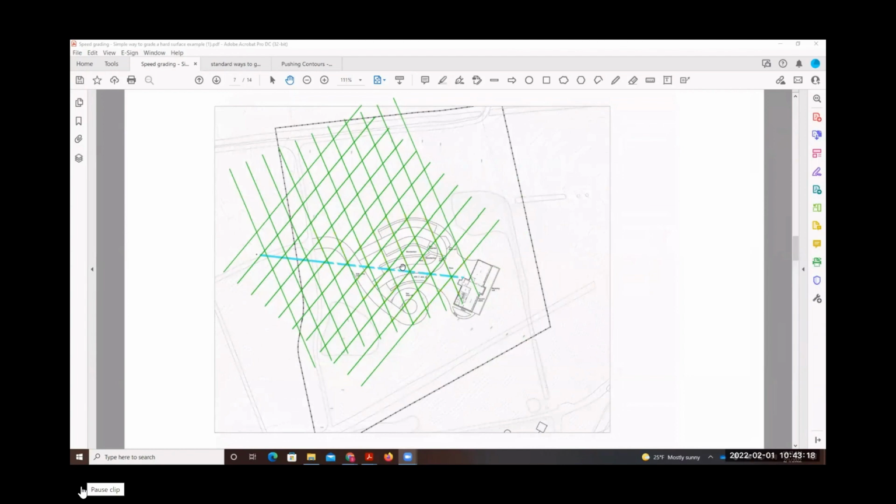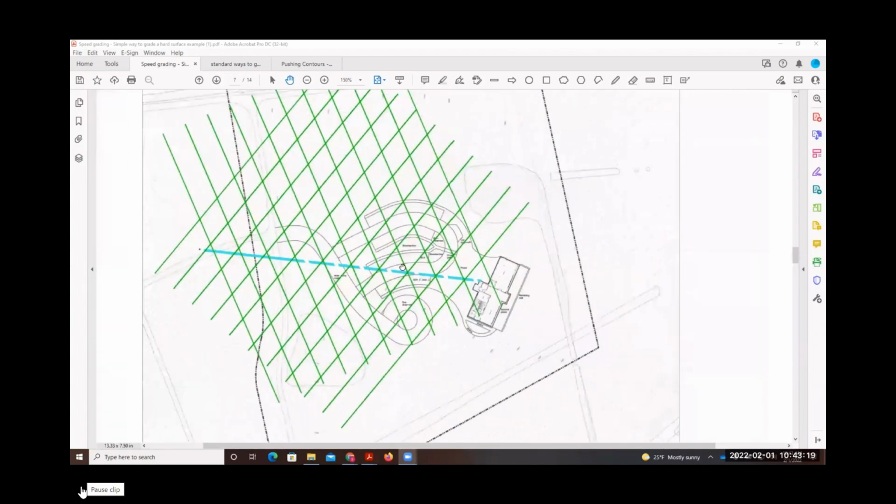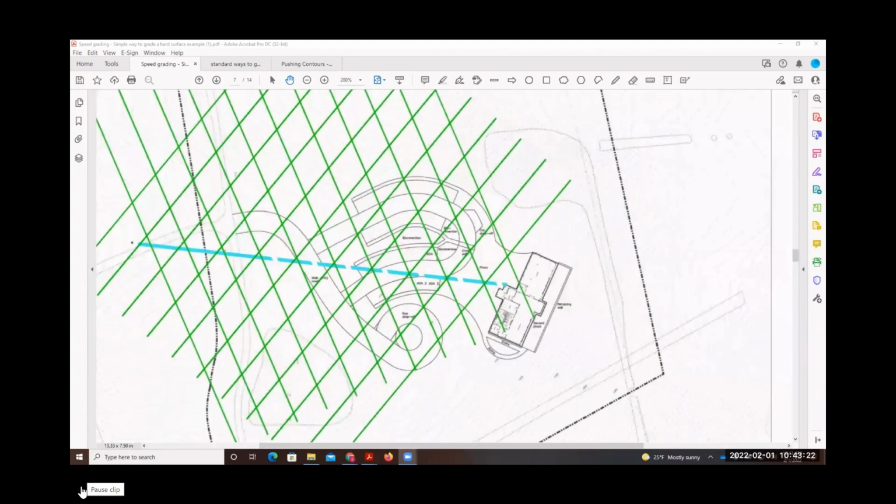So let's go back and look at this. I can choose now to use these contours, and I'm not even worried about what their number is yet.